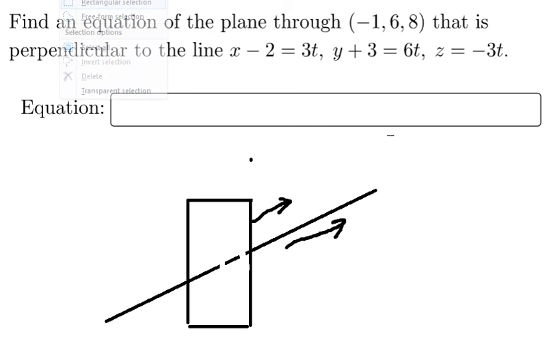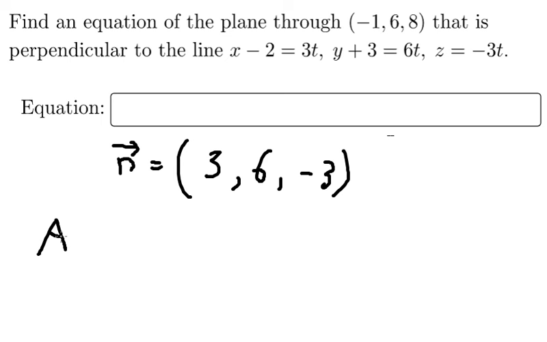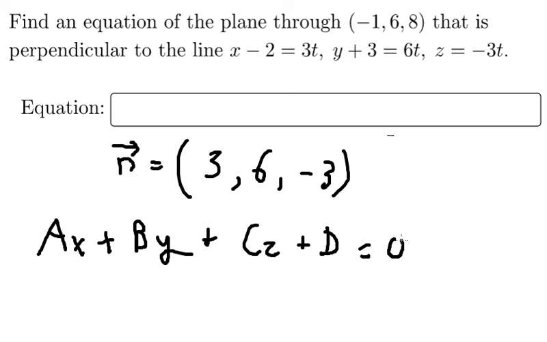So in this situation, we have the normal vector of the plane, which is 3, 6, negative 3. So I will put 3 here, 6 here, negative 3 here.